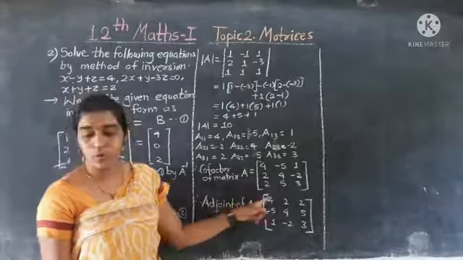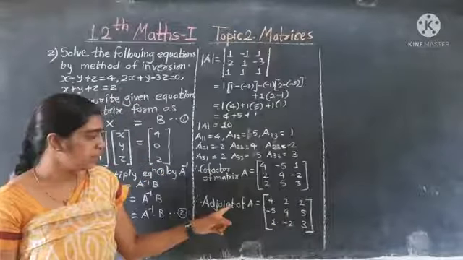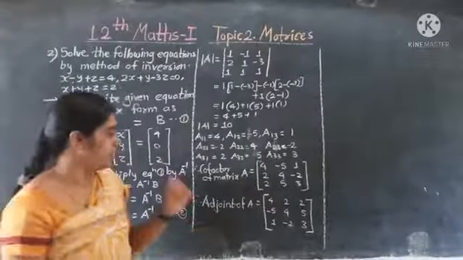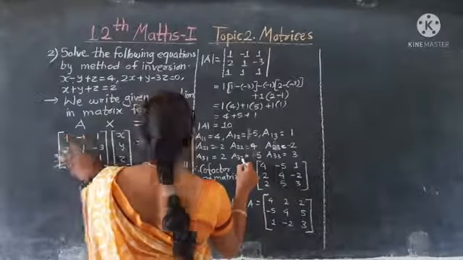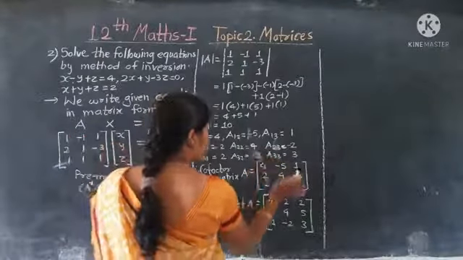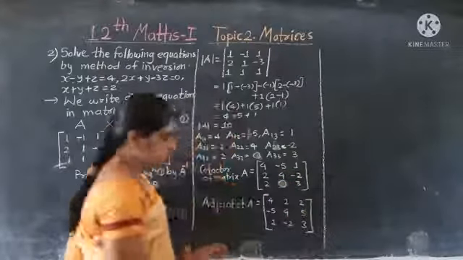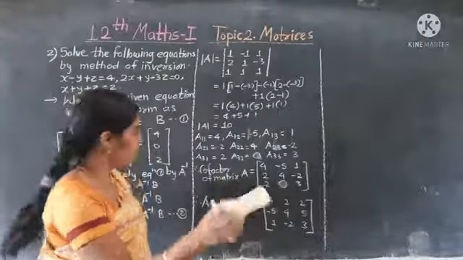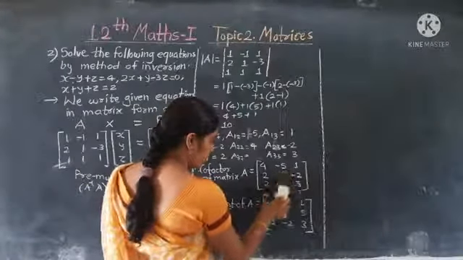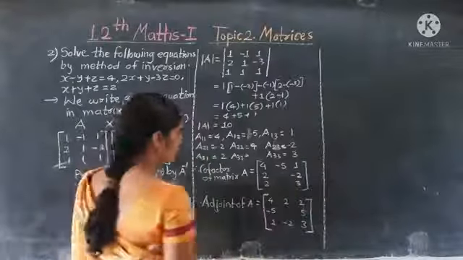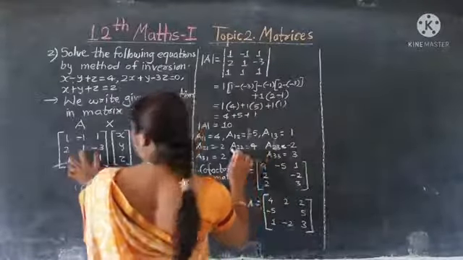Adjoint of A: 4 2 2, minus 5, 1 2 and 3. See here the A32 element, see once again. Here minus 3, sorry, here 0 is there. This element is 0. Which element is 0? A22, this element.